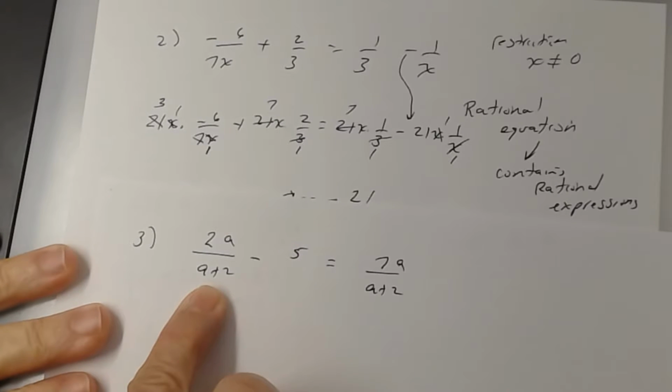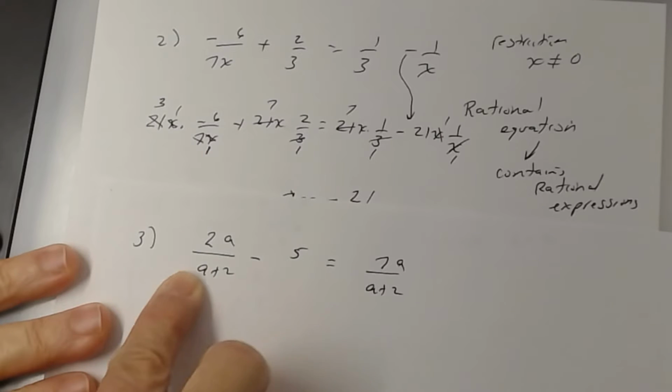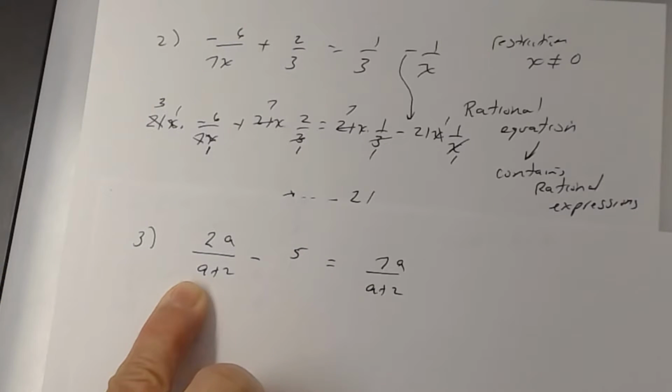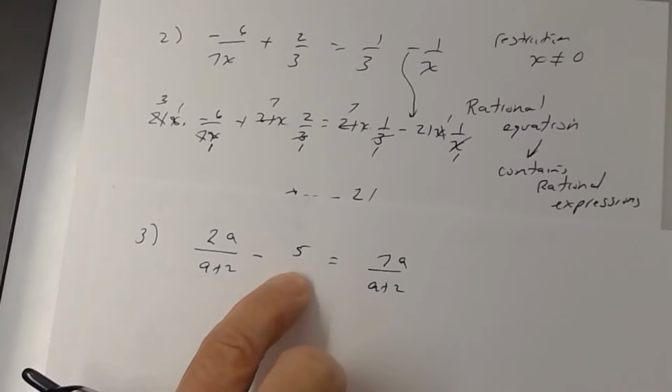My denominator is a plus 2, right? What number for a will make this denominator 0? Negative 2, because negative 2 plus 2 is 0. The other denominator is 1, never 0.